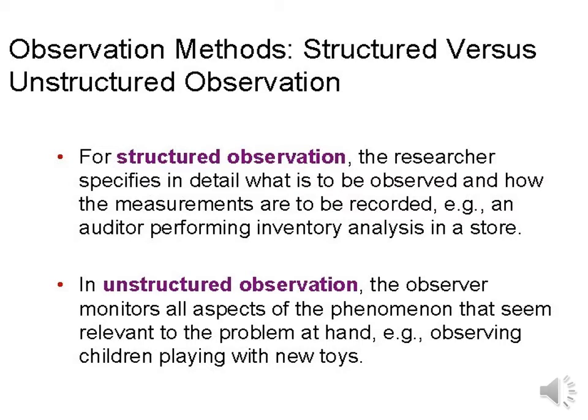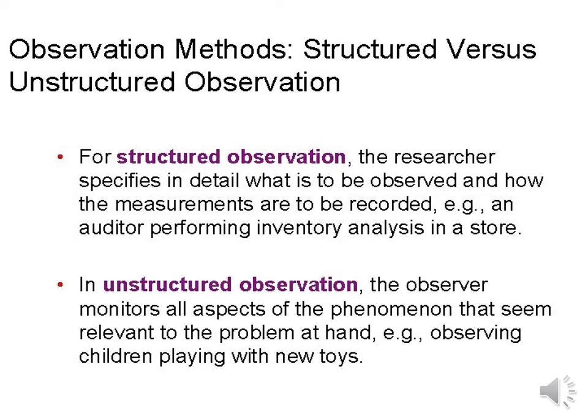For example, an auditor performing inventory analysis in the store, in the company, in the organization is an example of structured observation. Auditors, monitors, inspectors, physical verifications, and sometimes the food inspector are also examples of structured observation.